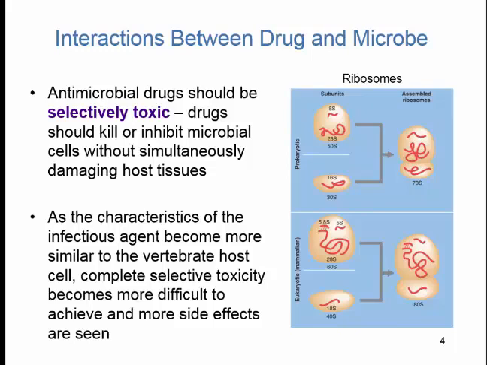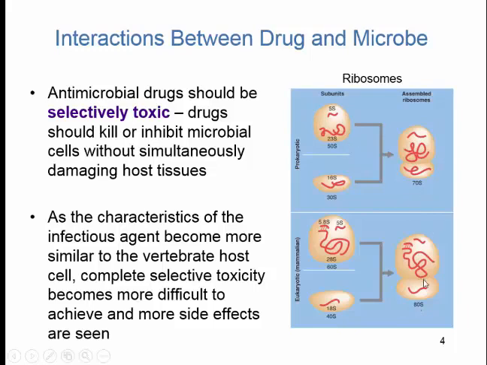When we think about how to design these medications to be selectively toxic, it's really quite a challenge, in the sense that you have to target things that are distinct and specific to the bacteria or the microbe that the human body does not have. A good example of something that is not superbly selectively toxic is that of the ribosomes. If you have a drug that distinctly inhibits bacterial ribosomes, although the bacterial ribosome is different than ours, you can see here on the right, you've got the 70S unit versus the 80S, which is what we have.